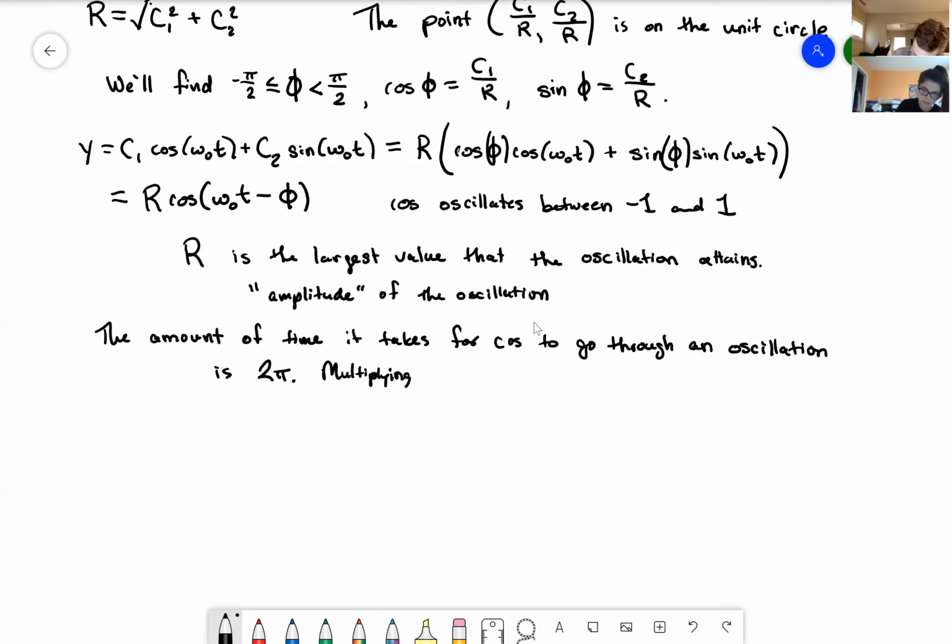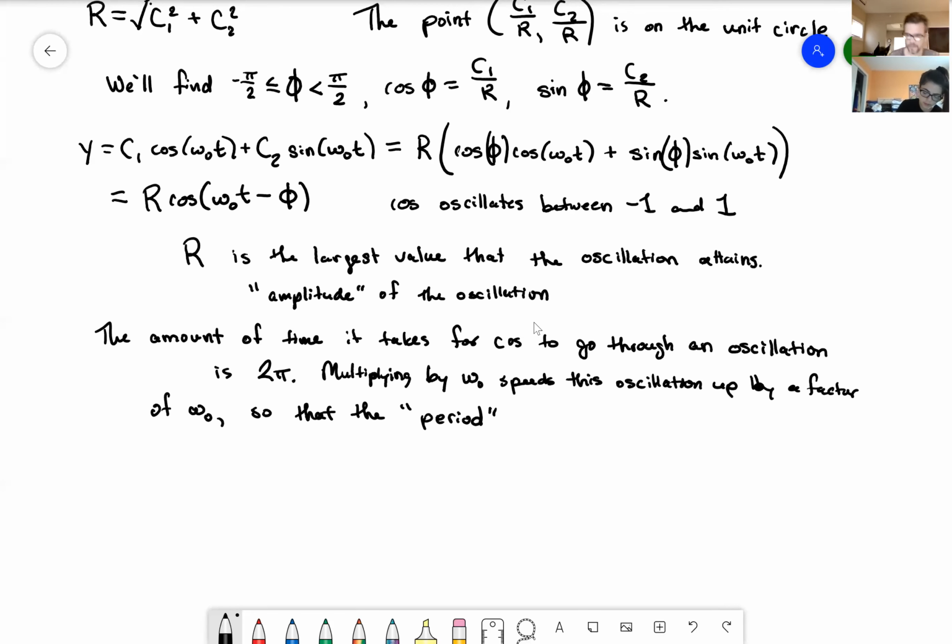So multiplying our t by omega 0 speeds this oscillation up by a factor of omega 0, so that the period, which is what we were thinking of as the time it takes to go through a full oscillation, is t equals 2 pi over omega 0.